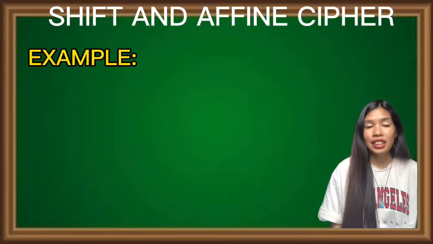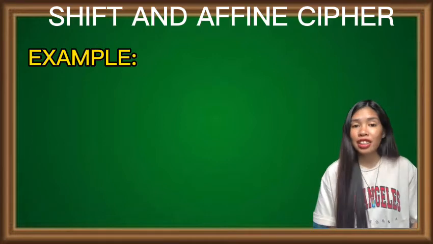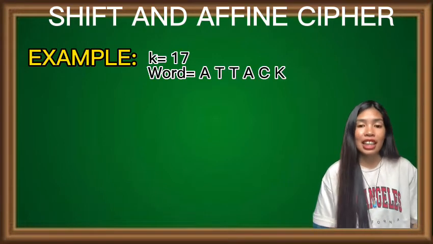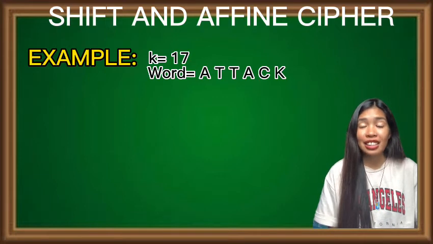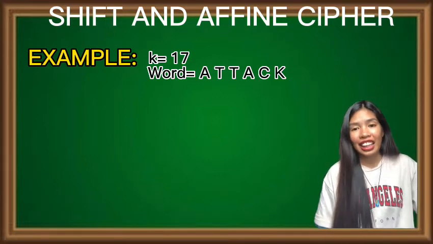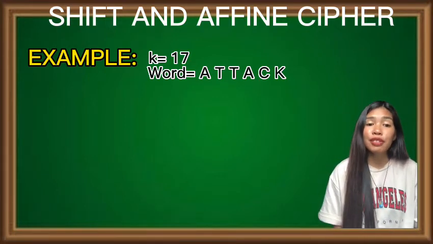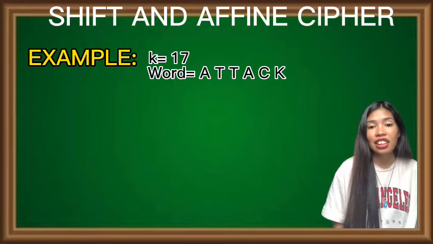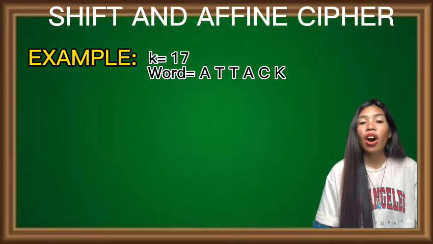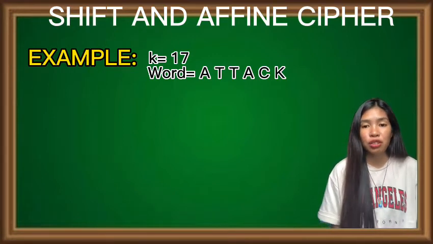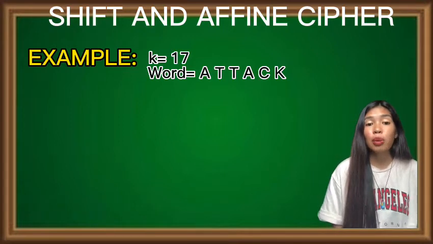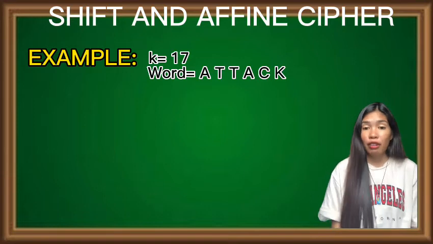Let's do an example. Let's assume our key is 17 and our plaintext is ATTACK. Starting from 0, since the ring contains indices from 0 all the way to 25, a total of 26 letters, the maximum would be m minus 1, which is 25.